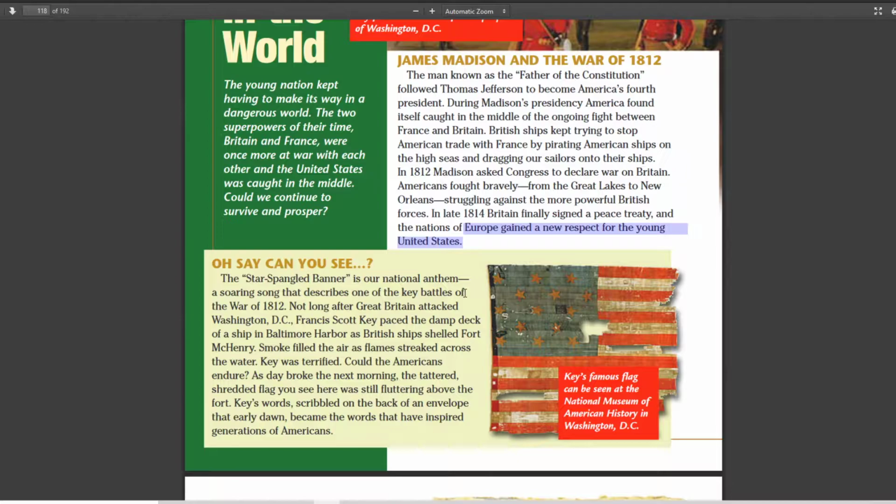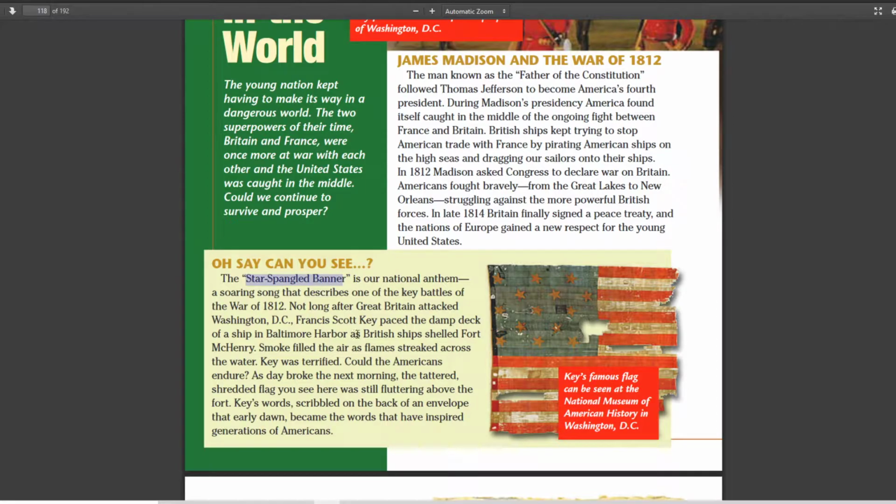A couple of key things in the War of 1812. Francis Scott Key, right here, writes our national anthem, the Star Spangled Banner, during the War of 1812. He was a prisoner aboard a ship. He's watching Baltimore.